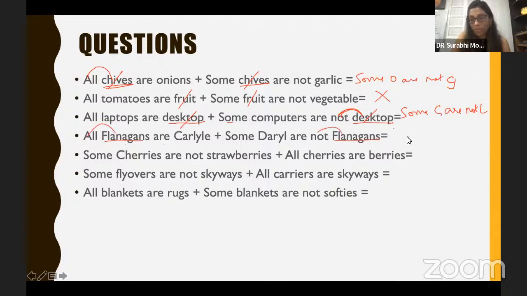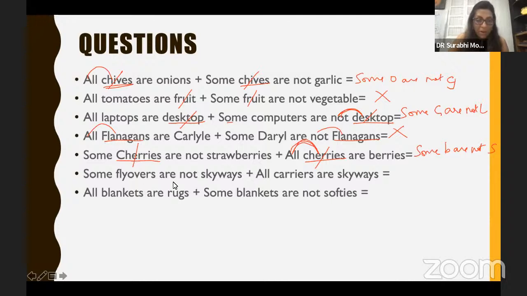No conclusion, isn't it? No, Nandini, that's an incorrect answer. My middle term is distributed twice, hence no conclusion. That's correct, Trisha. Then middle term is distributed, it's written with all. So my answer will be some berries are not strawberries. Some berries are not strawberries, right?